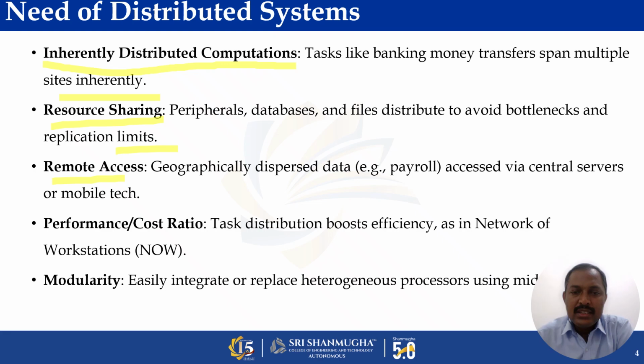Remote access: geographically dispersed data accessed via central servers or mobile technology. Performance or cost ratio: task distribution boosts efficiency as a network of workstations. Finally, modularity: easily integrate or replace heterogeneous components using middleware. With the help of middleware, we can integrate or replace heterogeneous processes.